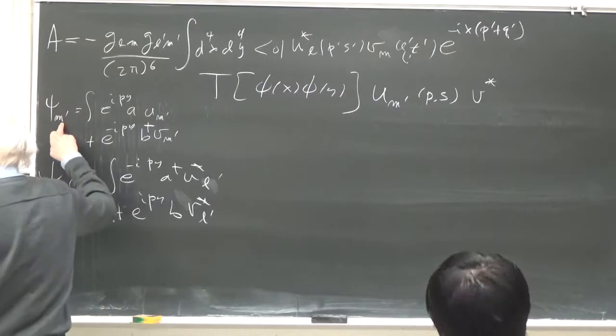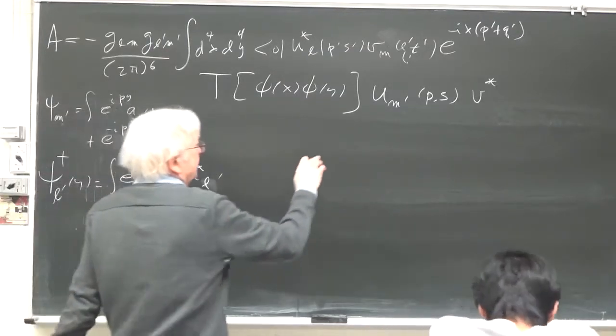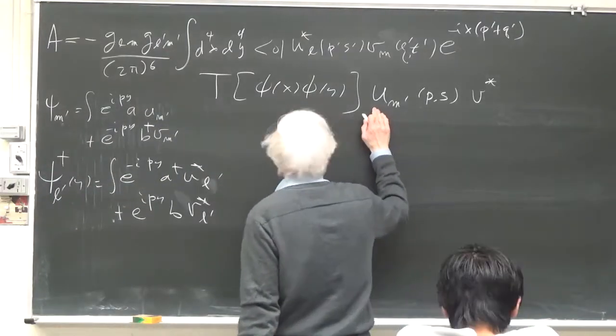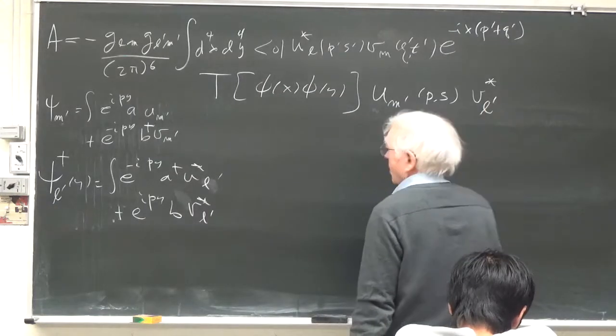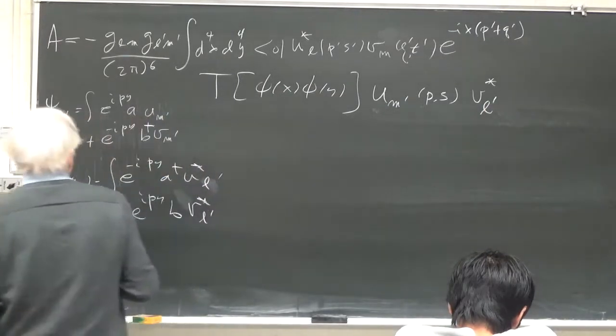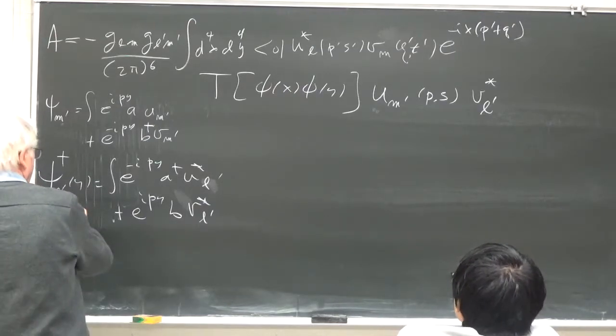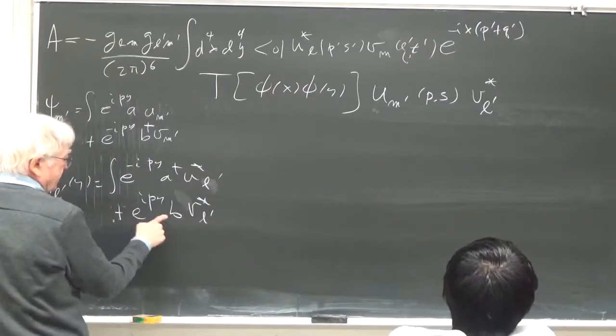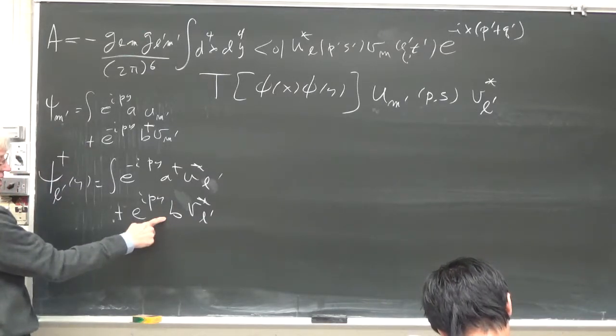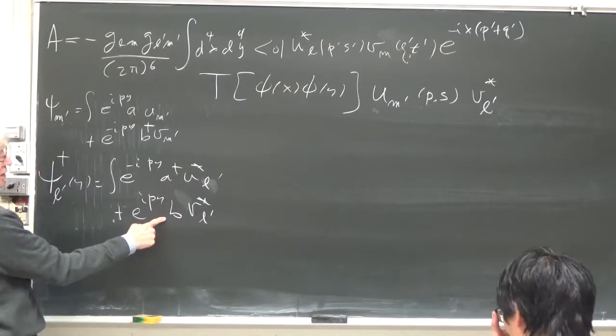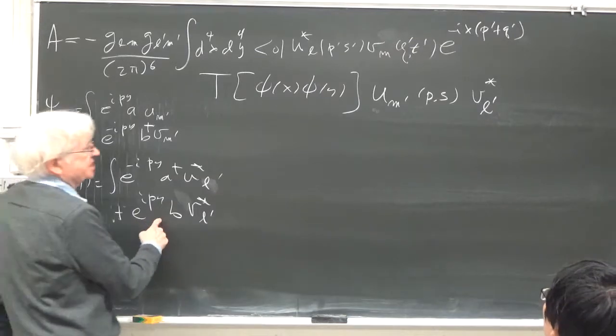Field psi M prime is the one that annihilates this incoming spinor, and then this one is v star. The psi dagger is going to annihilate the incoming antifermion, so it is V star L prime.